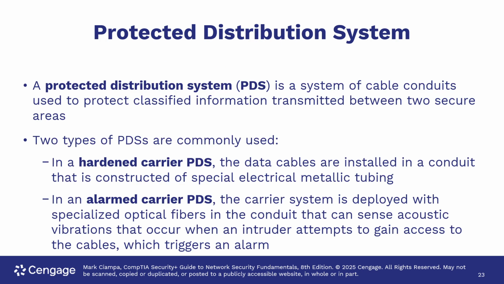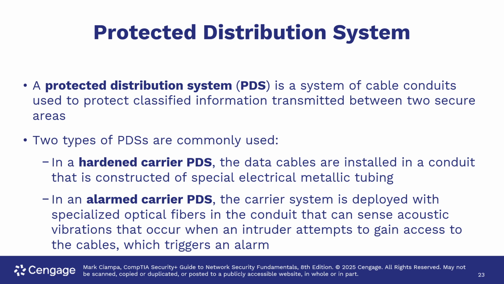Proceeding on, you have what's called a protected distribution system. It's a system of cable units used to protect classified information transmitted between two secure areas. Okay, so it might be between buildings, it might be from room to room. You have two types of protected distribution systems. The first is a hardened carrier, and the second is an alarmed carrier.